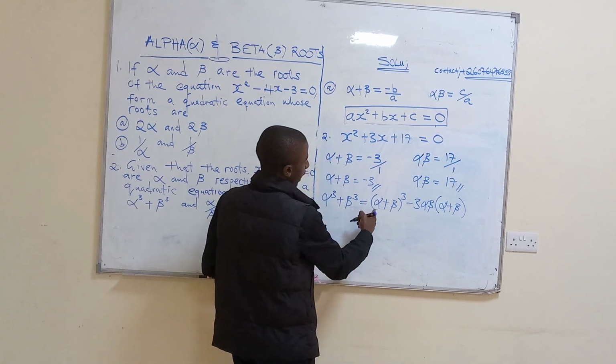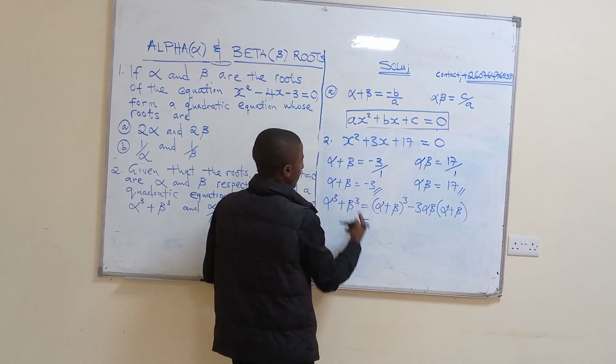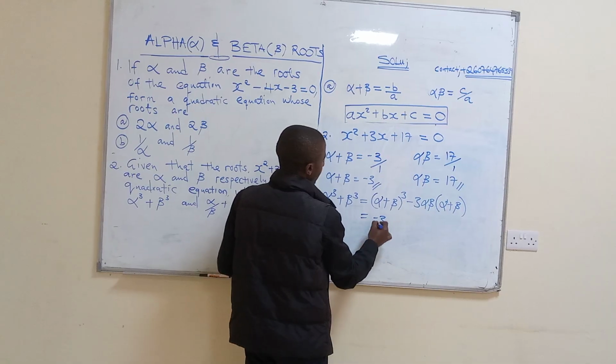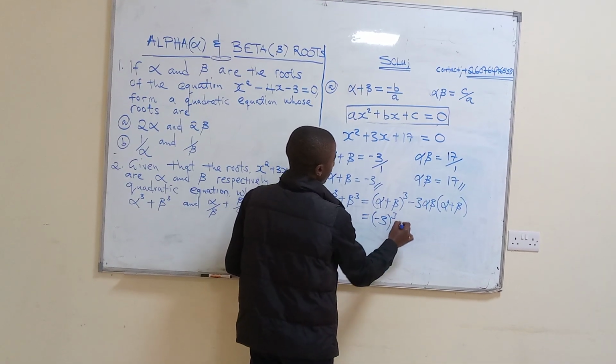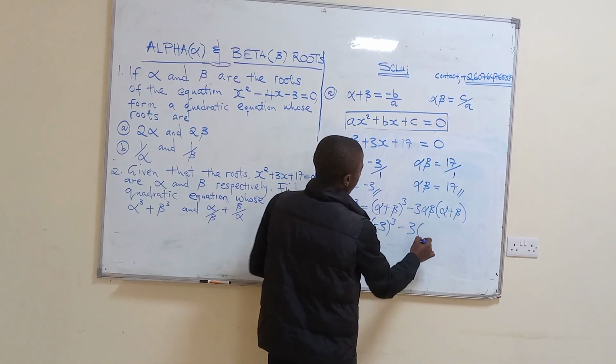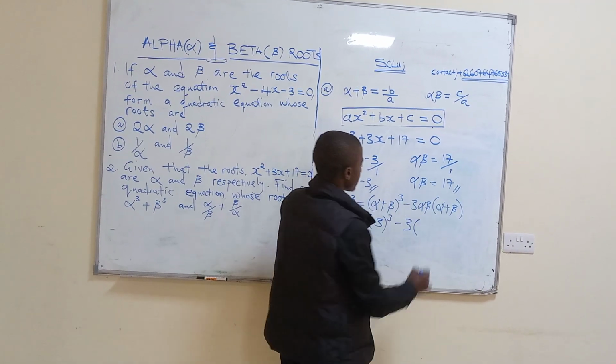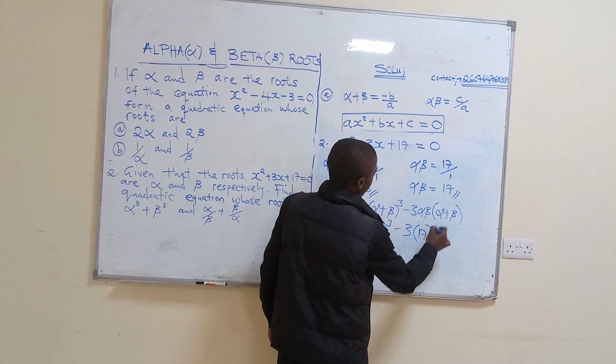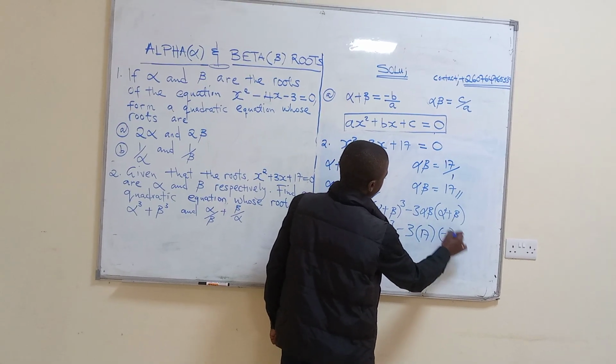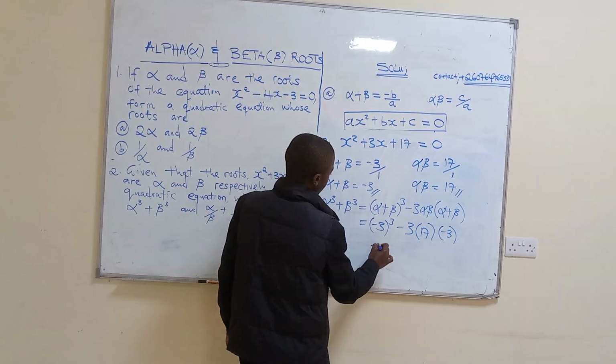So it is equal to alpha plus beta, which I have calculated to be negative 3, cubed, minus 3 times alpha multiplied by beta, which is positive 17, multiplied by negative 3. So that is negative 27.